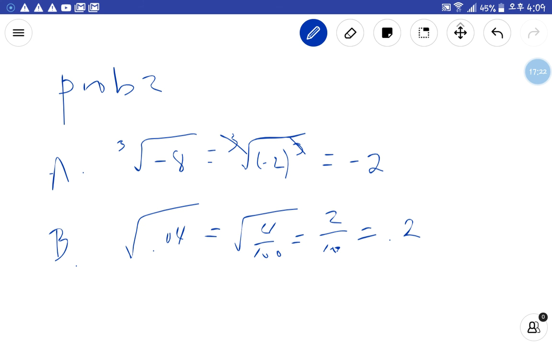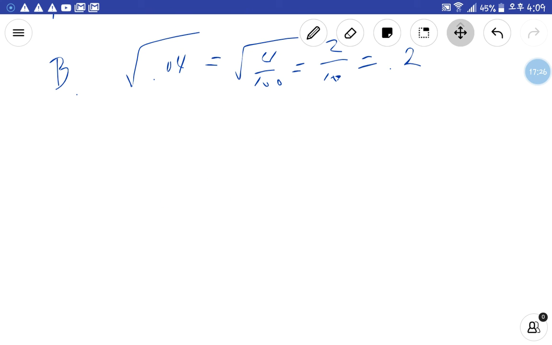And then C. Fourth root of negative 1. Well, your n is even, and then you have b as negative 1. Do we find any answer for that?